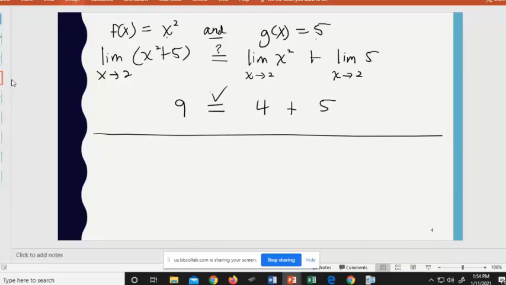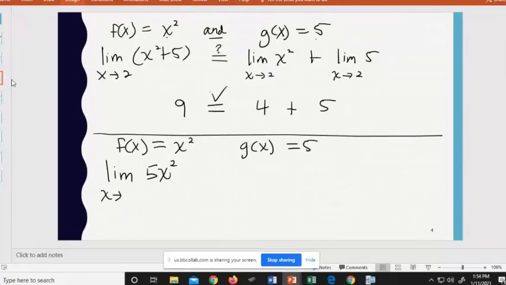Okay, so again, if I have f of x equals x squared, and g of x equals 5, and this time I want to multiply them together, I have the limit of 5x squared, which is my new function, as x approaches 2.